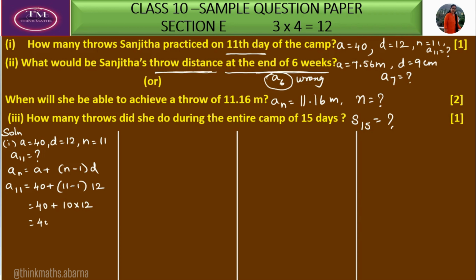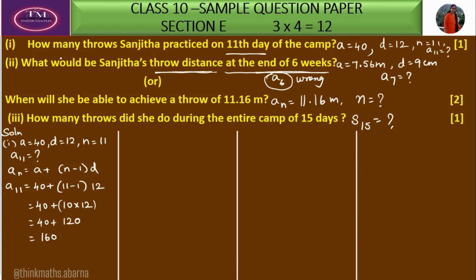So 40 plus, first do the multiplication. Just don't add 40 plus 10. It is wrong. First you have to do the multiplication and division, then addition and subtraction. So first you have to do the multiplication. 10 into 12, it is 120. Now 40 plus 120 is 160.